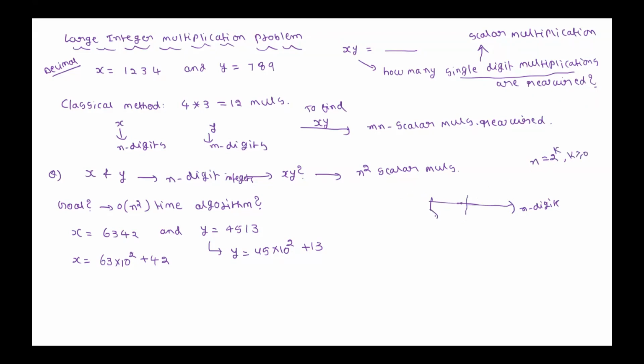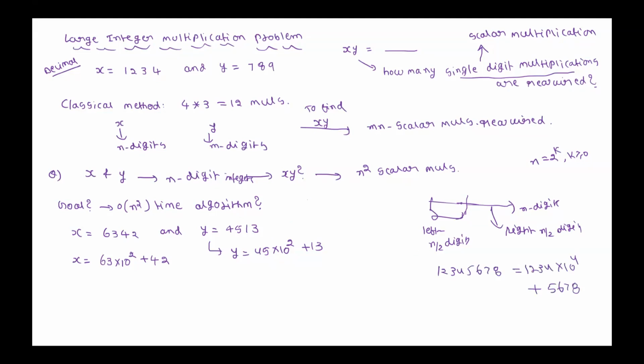This is the left n by 2 digits, and this is the right n by 2 digits. Now, if we are given 12345678, can we write it as 1234 into 10 power 4 plus 5678? Is that correct?